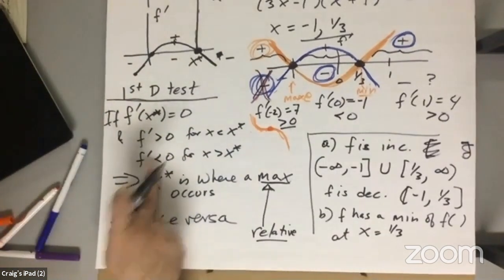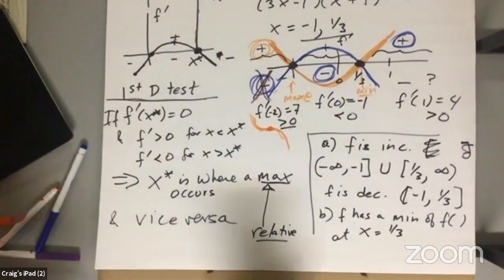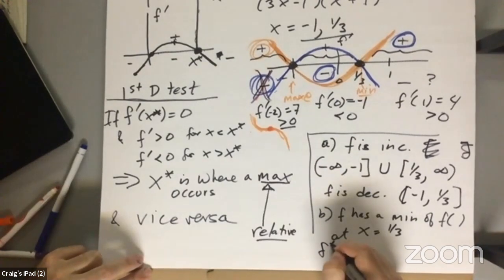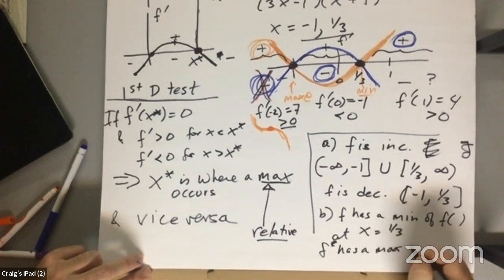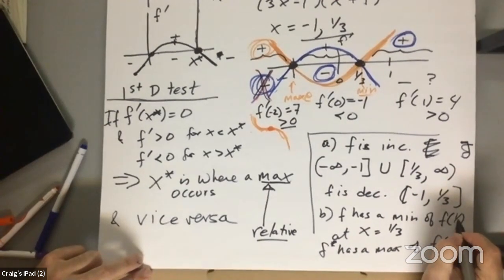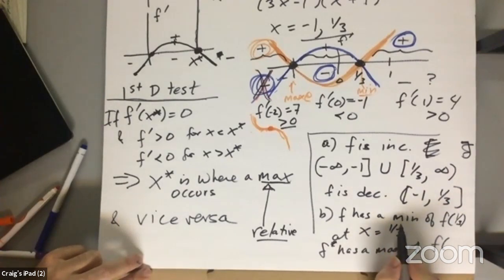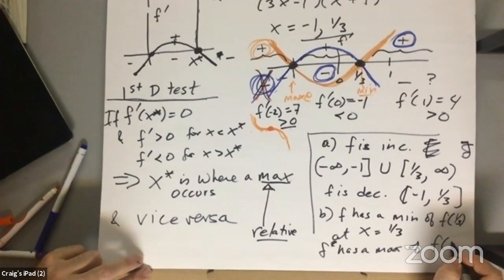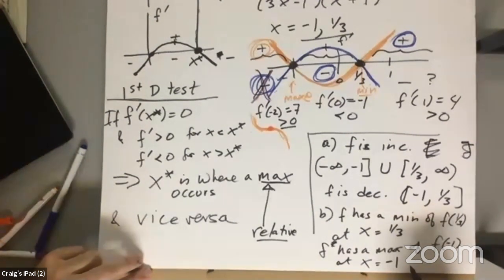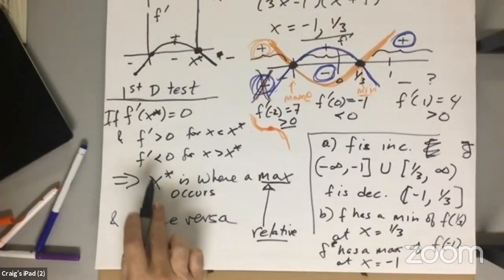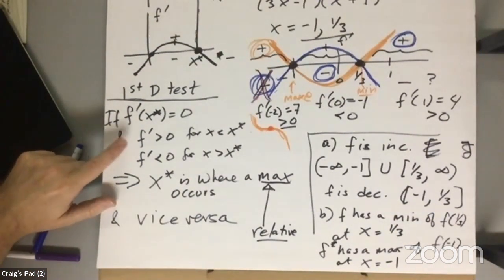So that's what this first derivative test tells us. And f has a max of f of, okay, so it's f of 1/3, by the way. So f has a minimum of f of 1/3 at x equals 1/3, and has a maximum of f of -1 at x equals -1. So the first derivative test, let's look at that one more time.